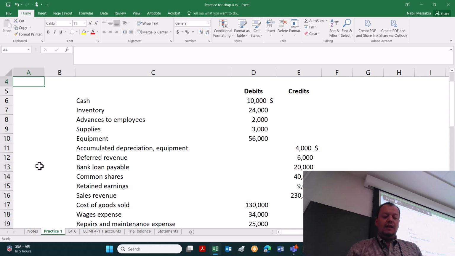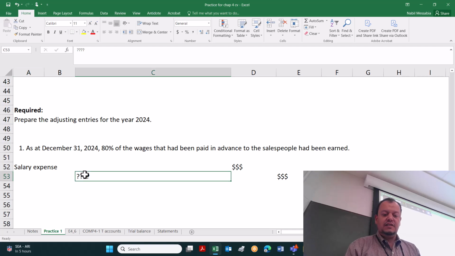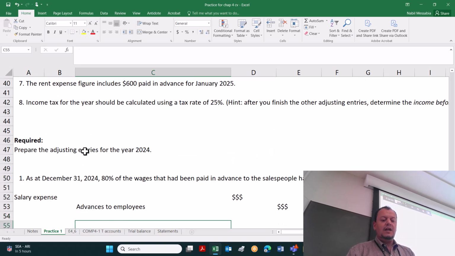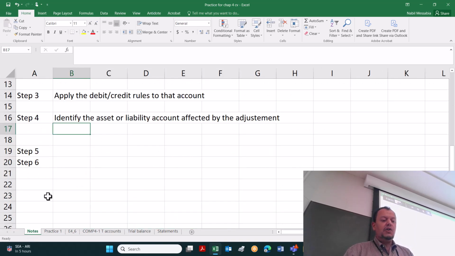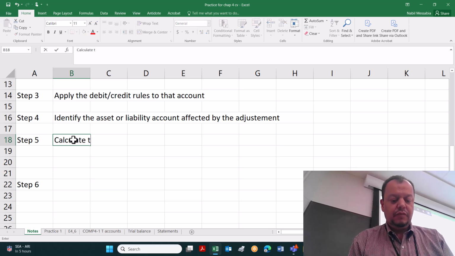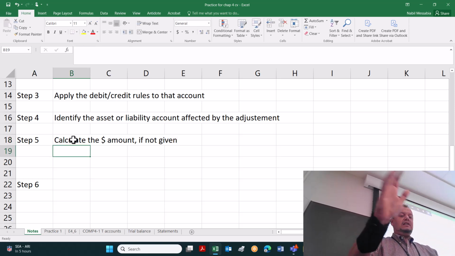So in our case, the asset to be credited is simply the same one we have here in the trial balance, advance to employees. And then the next step, calculate. Sometimes the number is given simply, no need to calculate. Take it as is.